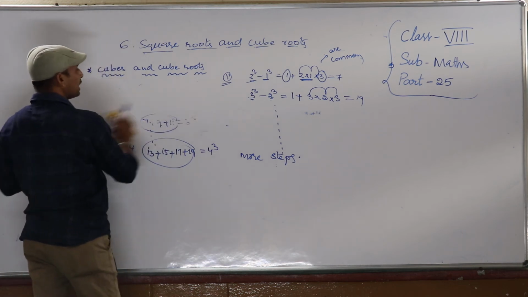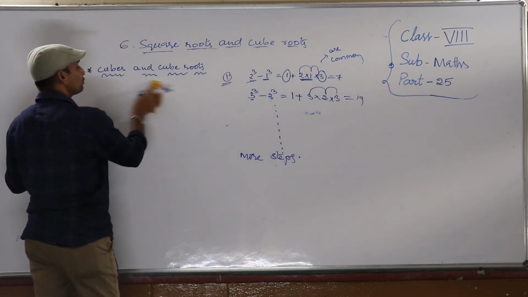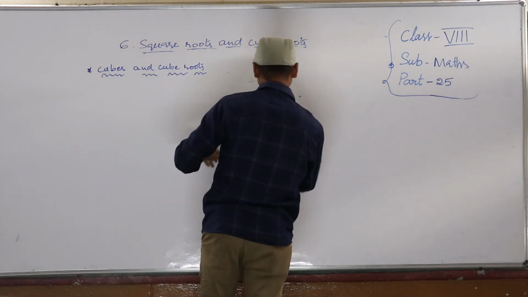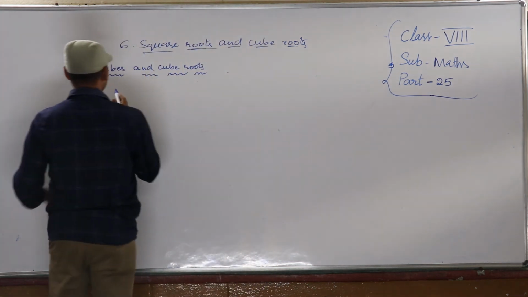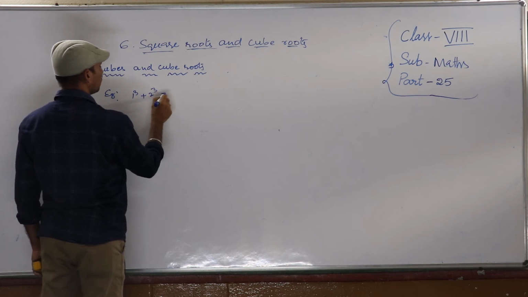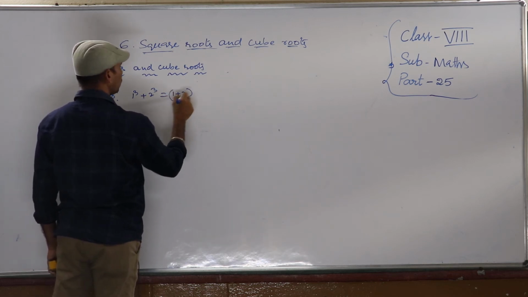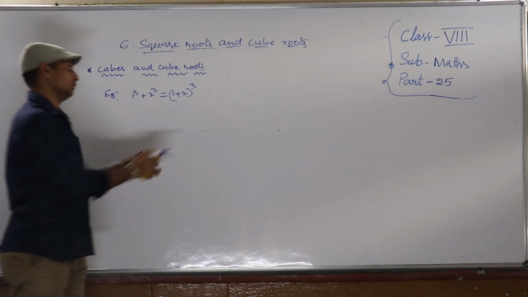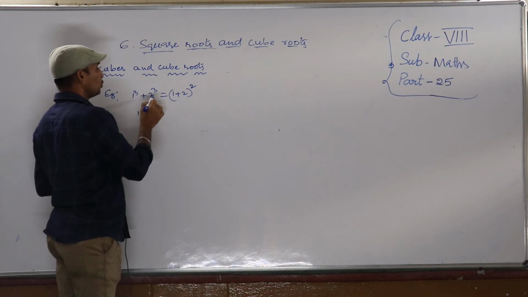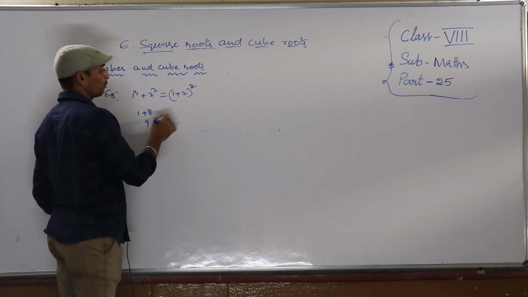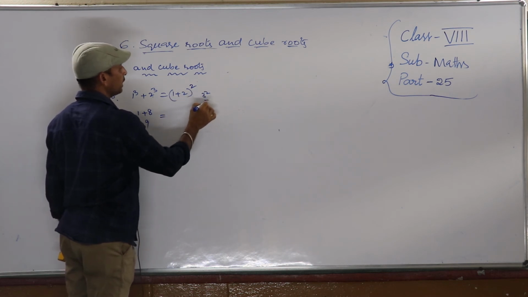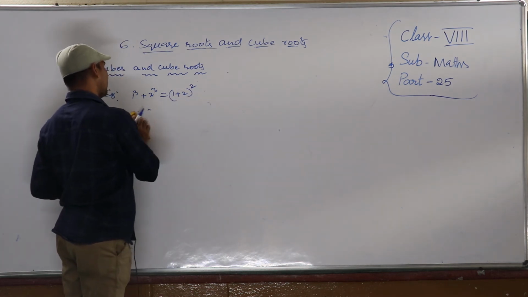Then let us see another one. One more example: 1 cube plus 2 cube is equal to 1 plus 2 whole square. 1 cube 1, 2 cube 8, 9. 1 plus 2, 3, 3 square means 9. So here we can write this pattern.